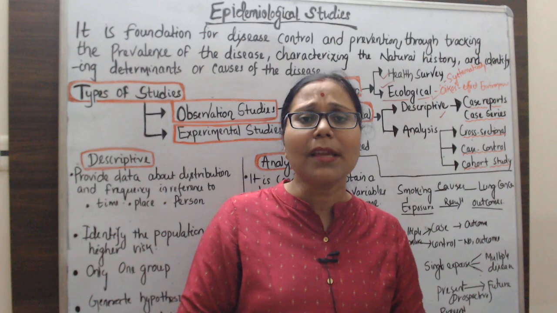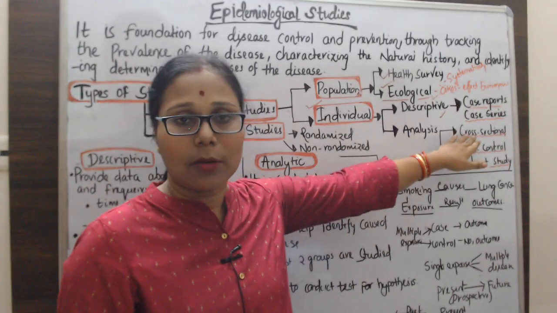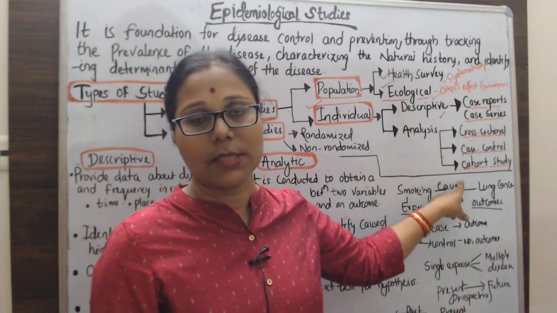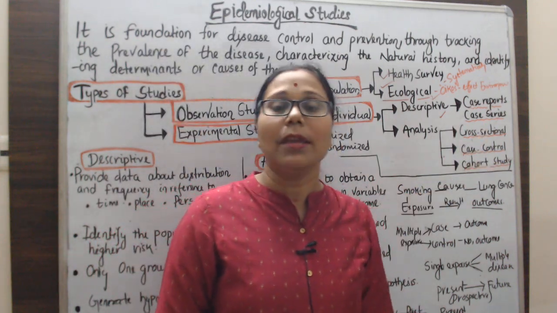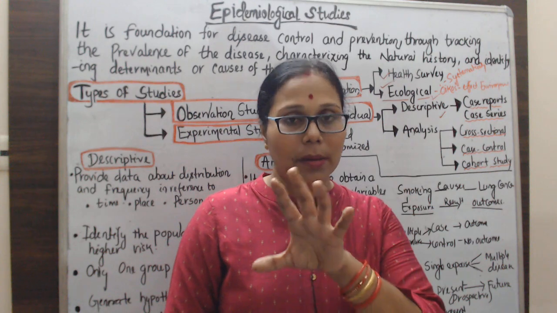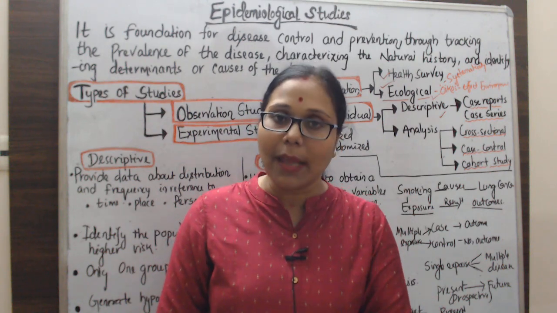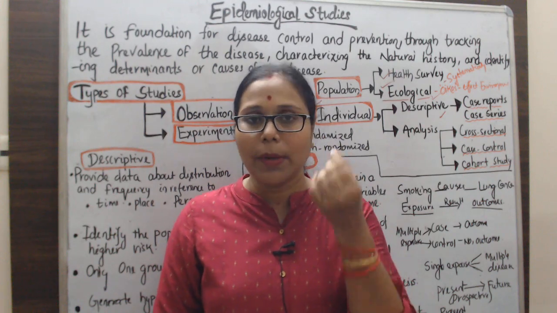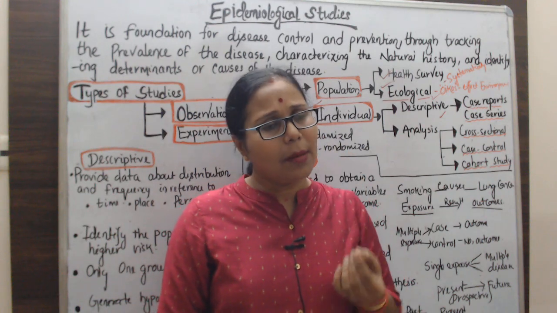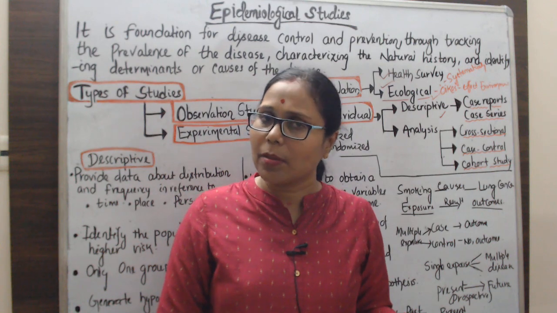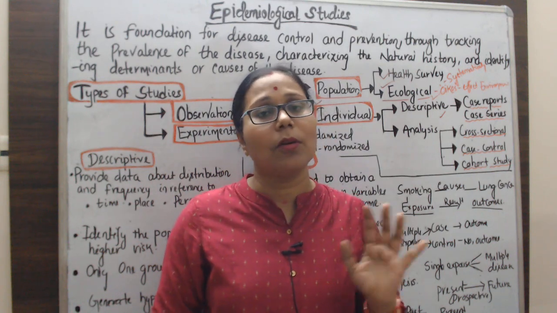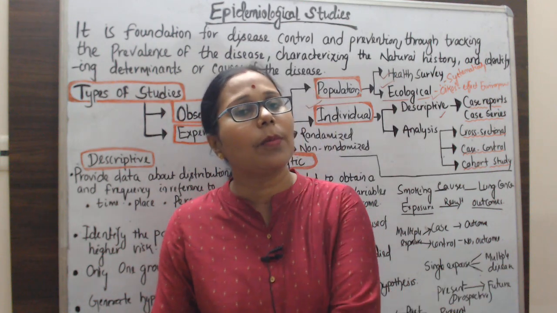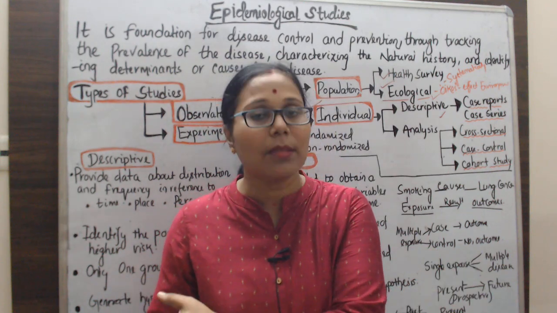So in analytic, there are again three ways. One is the cross-sectional, another is the case control, and the third one is the cohort study. In the cross-sectional study, we study the individuals in a particular time, in a unit time. We see that the number of people, and maximum people nowadays, have the habit of smoking, but not all of those who smoke fall into disease like lung cancer.